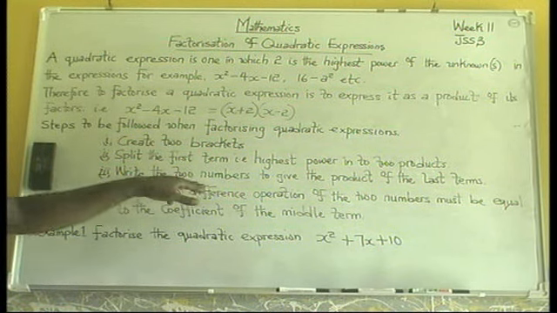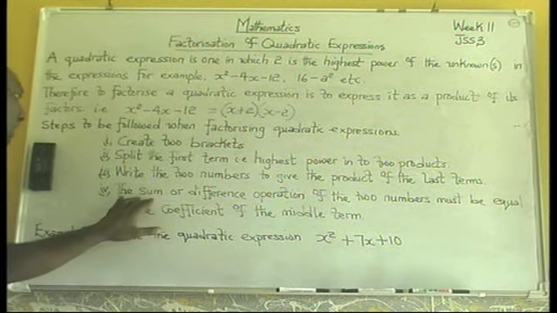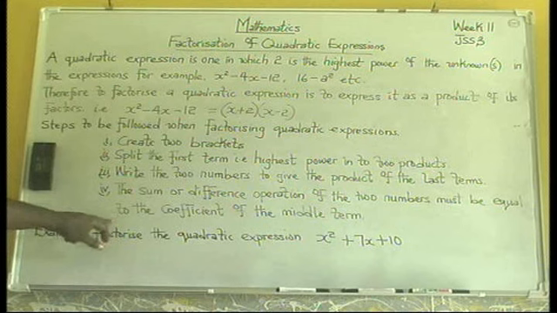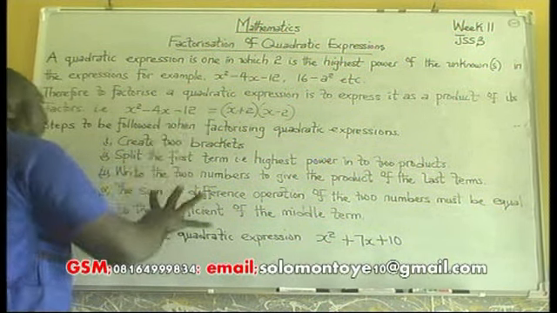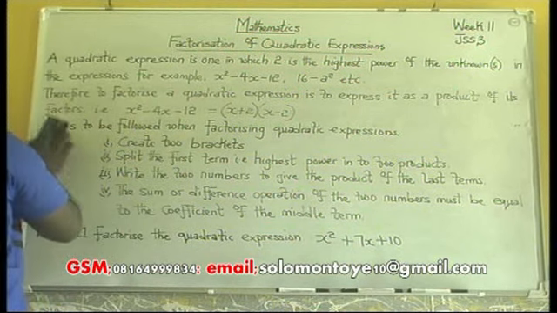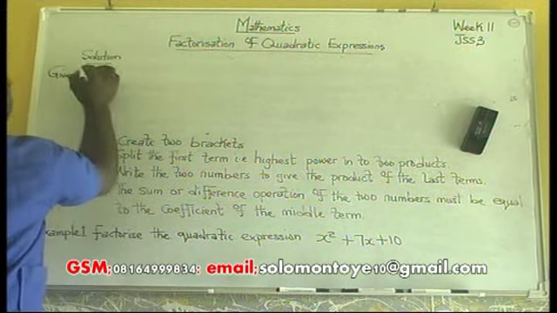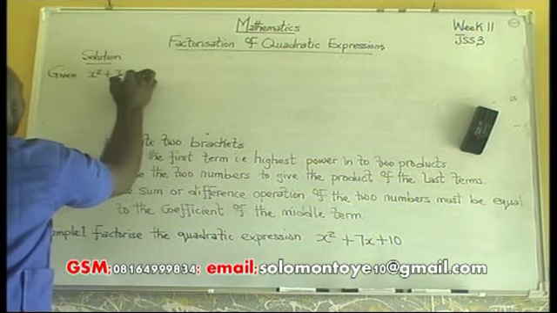Number 3, write the 2 numbers that give the product of the last term. The sum or difference of the 2 numbers must be equal to the coefficient of the middle term. I will solve this so you will be able to know how to make use of this. Now let me solve this: x squared plus 7x plus 10.